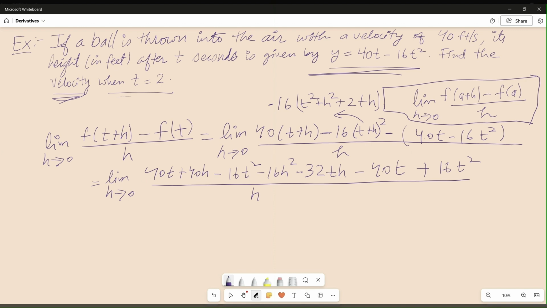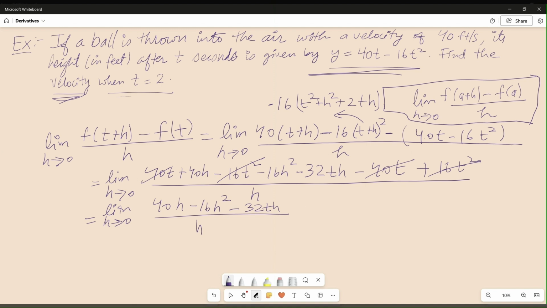Let's cancel out the terms we can. 40t cancels out, and 16t squared minus plus cancels out. So what we are left with is the limit as h approaches 0 of 40h minus 16h squared minus 32th, divided by h.